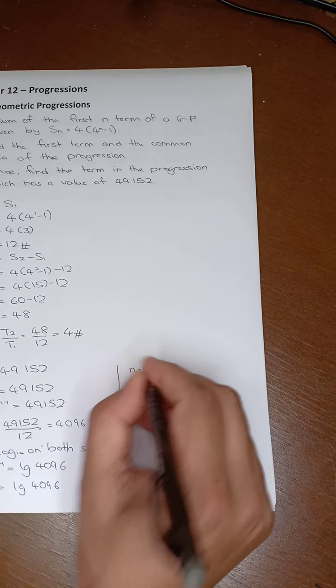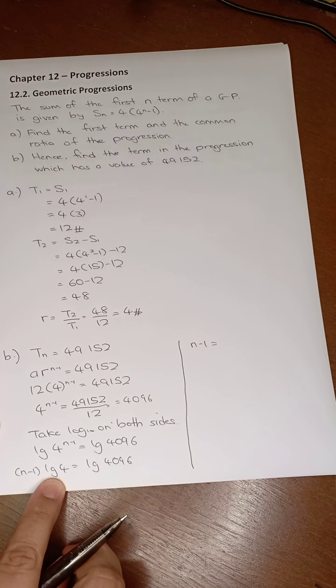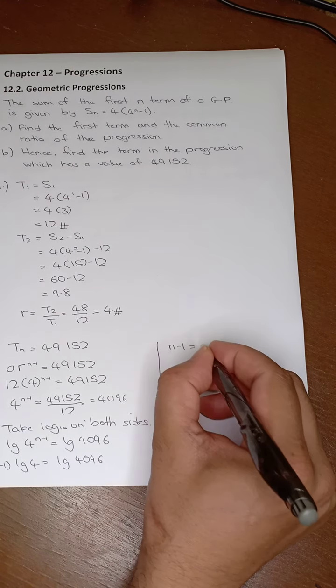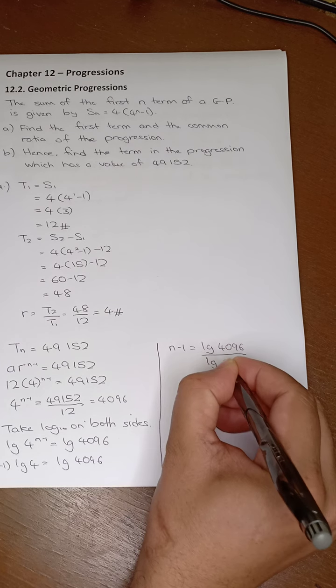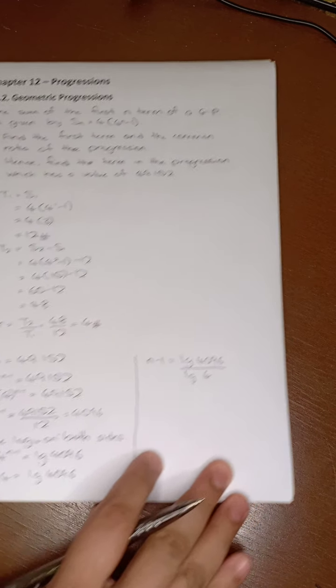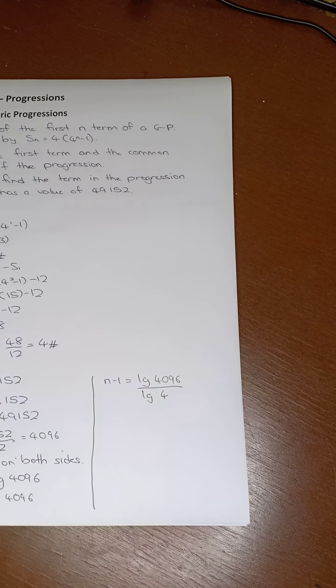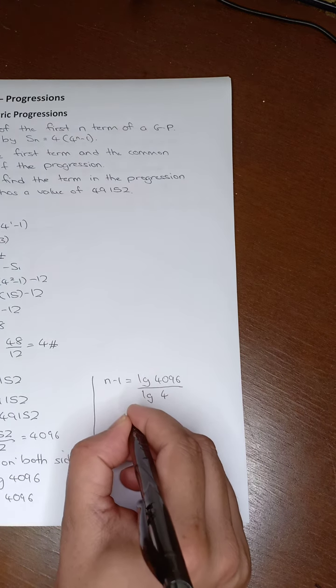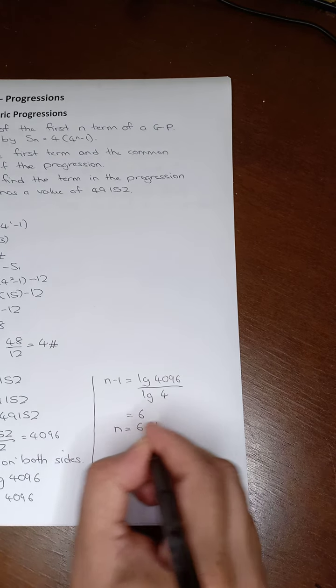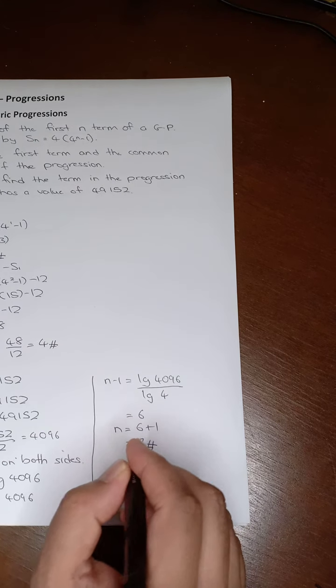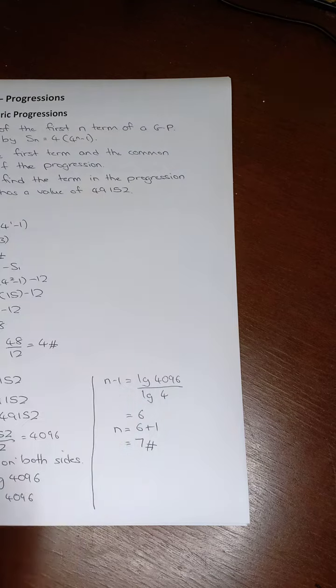So n minus 1 equals, bring lg 4 from left to right, lg 4096 divided by lg 4. I'll do it in the calculator. So you get 6, that is n minus 1. So to get n, bring 1 over there, it becomes plus, so your n is 7. So the seventh term has this value.